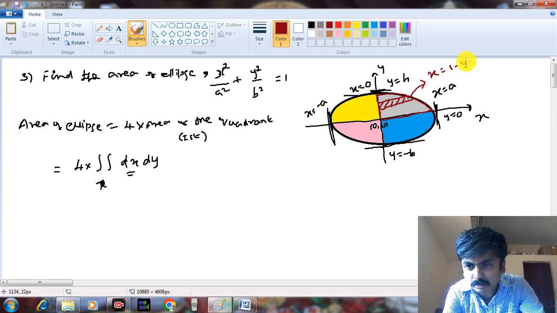minus y square divided by b square. Okay, x equal to 1 minus y square by b square, whole power 1 by 2, that is root, into a.